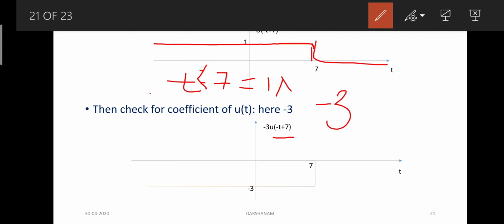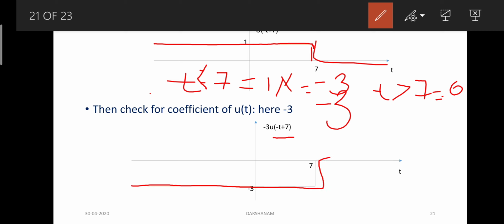Multiplying 1 with minus 3, we get minus 3. And for t greater than 7, it is equal to 0. Multiplying 0 with minus 3, it is 0 itself. So the graph will look like this.